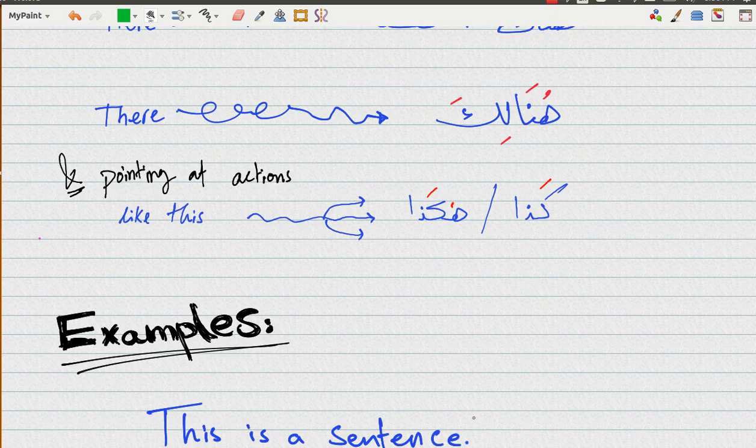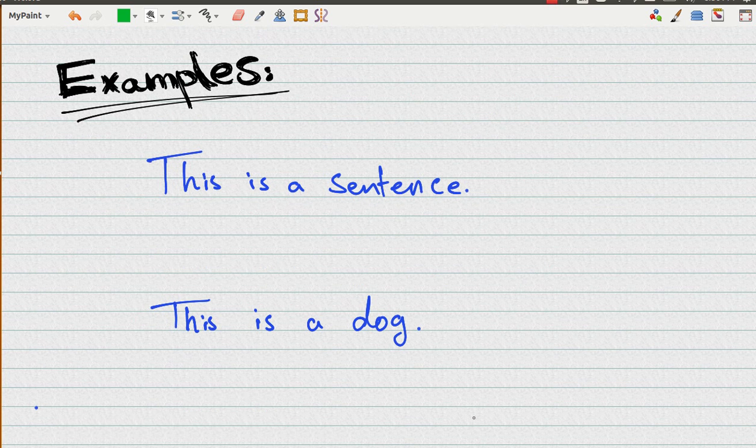Okay, moving on to some examples. Maybe we'll get a much better understanding. If I'm going to say this is a sentence, how do you say that in Arabic? Well, here's the way you do it.